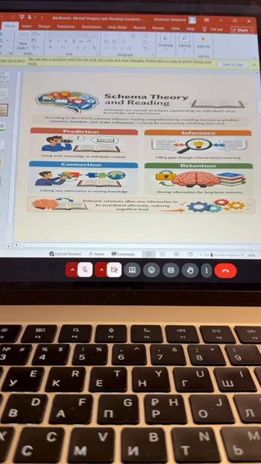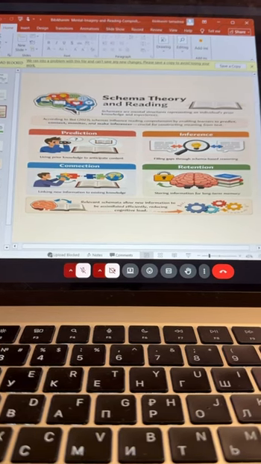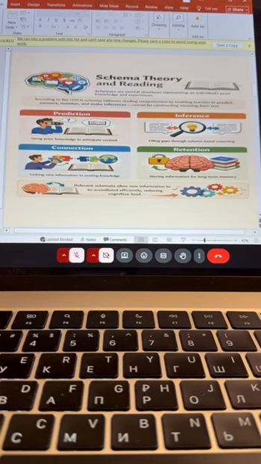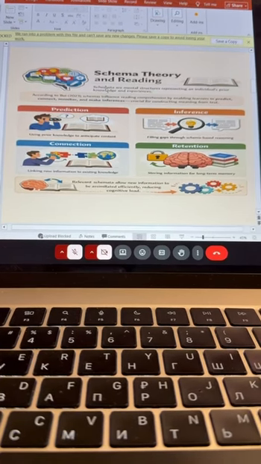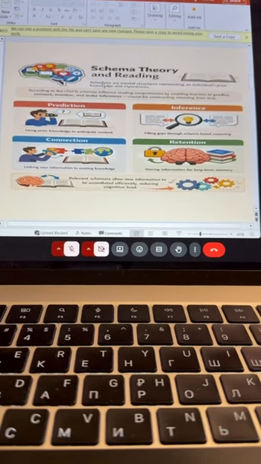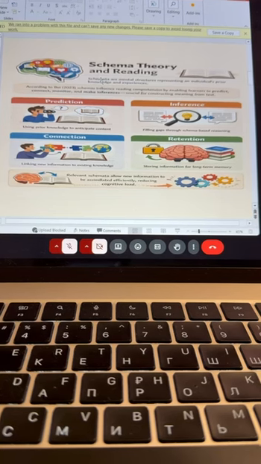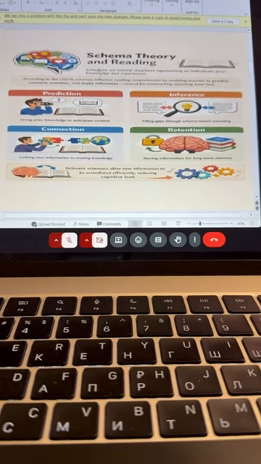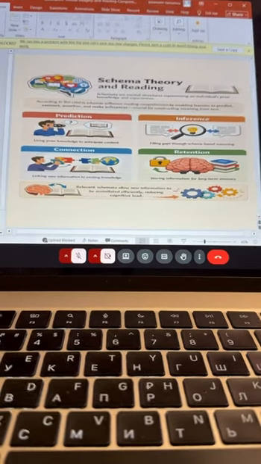In that case, we will activate their inferencing skill, connection and retention as well. As we mentioned, this is schemata, especially the connection of mental imagery, connecting what they already know and what they are going to learn.